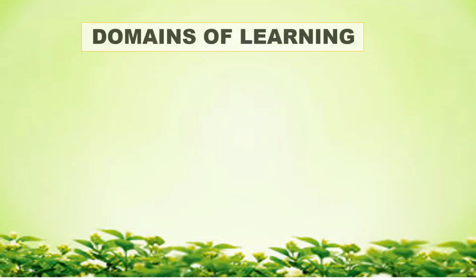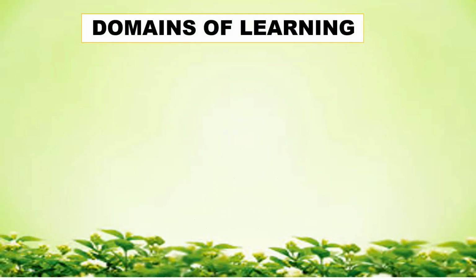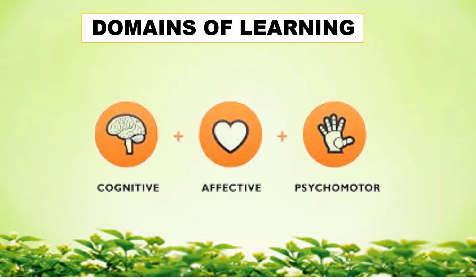Okay, my last topic is about the domains of learning. So we have three domains of learning. First is cognitive, second is affective, and the last one is psychomotor. So let us know them one by one.